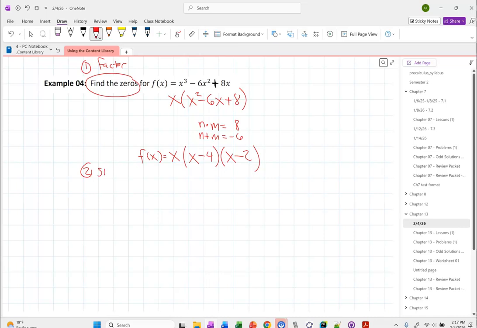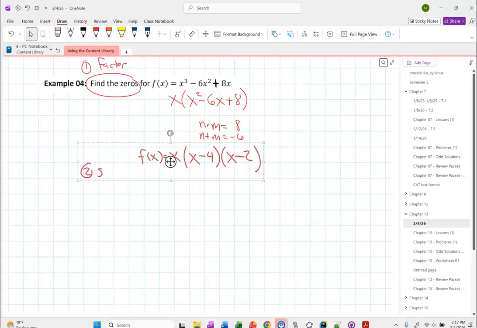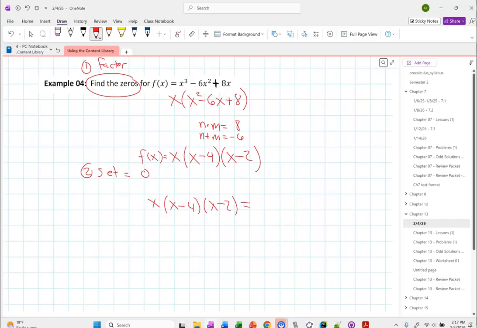Step 2 is I set this equal to 0. Step 3, I'm going to use the zero product property to solve for x.